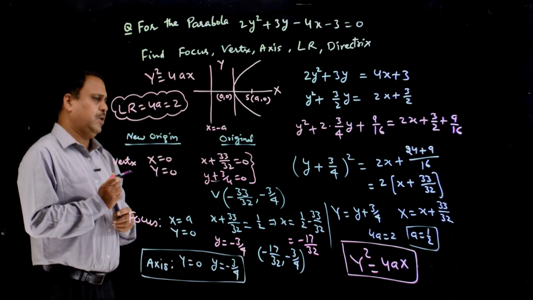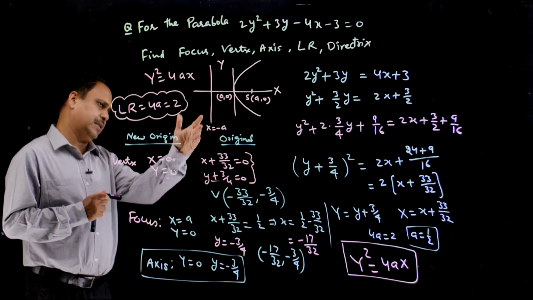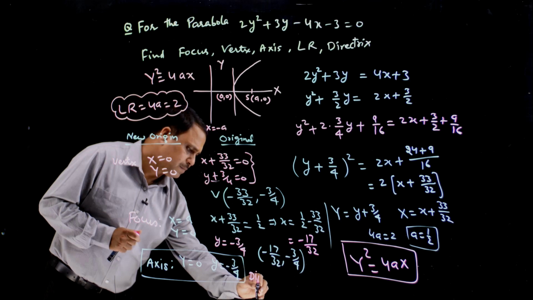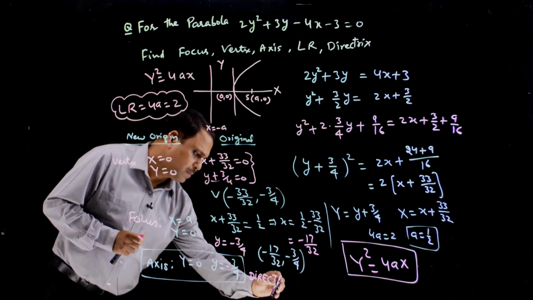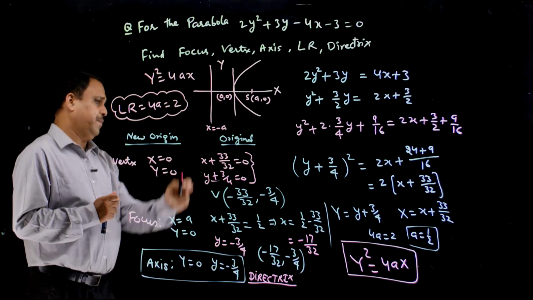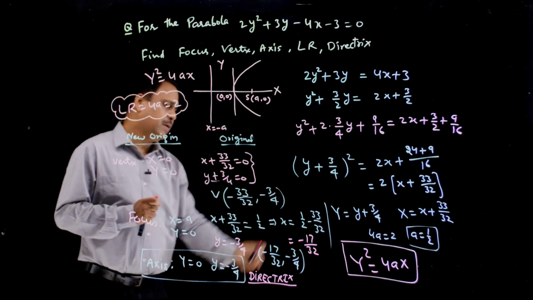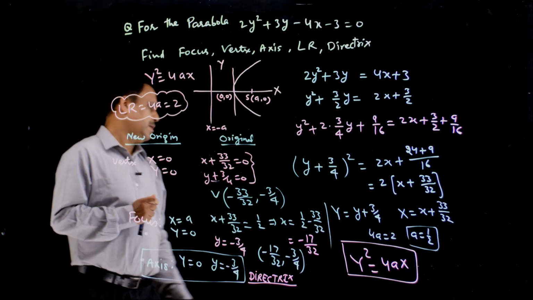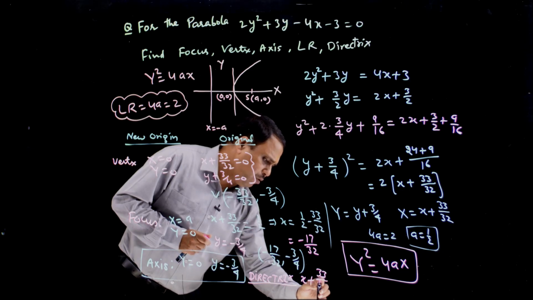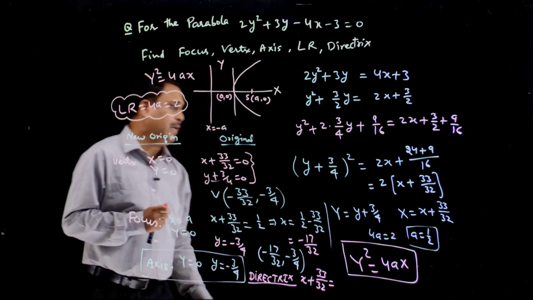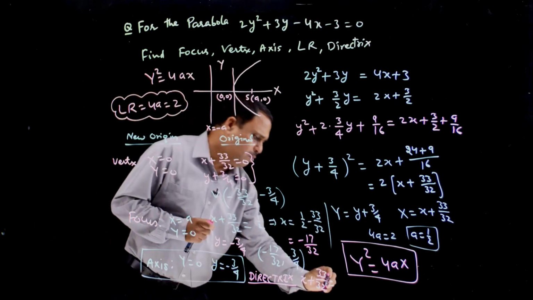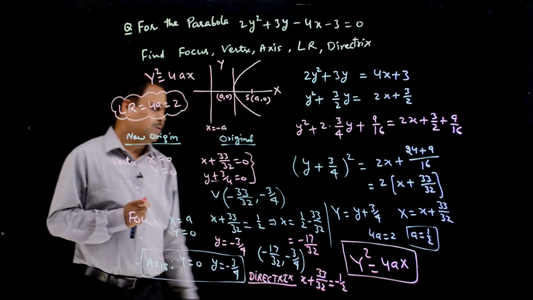Similarly, you can write the equation of the directrix. Capital X = −a, so x + 33/32 = −a. Remember, a is always positive, so −a is equal to −1/2.